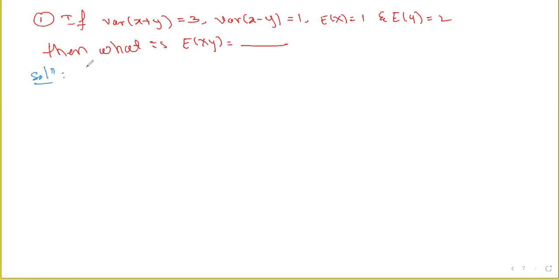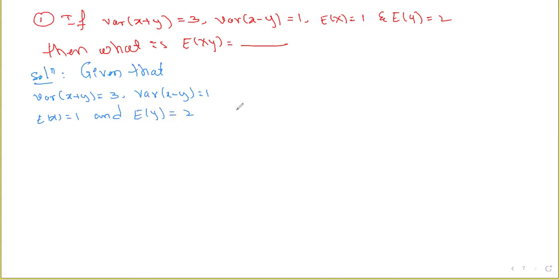See, this is some special kind of example, right? First you need to write what they given. Variance of x plus y is given, that is 3. Then they given variance of x minus y, that is 1. They also given expected value of x, that is 1, and expected value of y, that is 2, right?